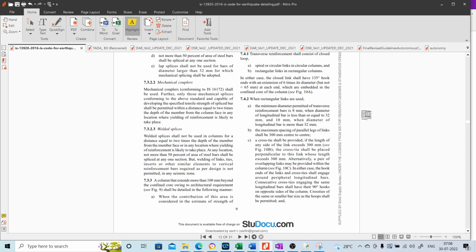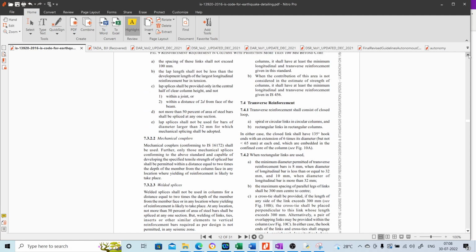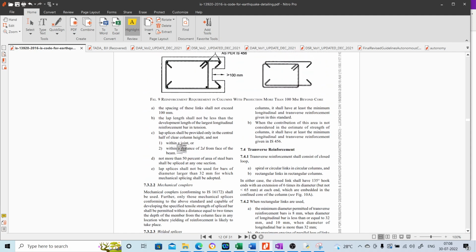Other criterions are regarding the curtailment and the splicing of the reinforcement. Crucial ones are how the lapping should be provided, that is, not more than 50% of the steel bars should be lapped at any section. All these are similar to that of beams.